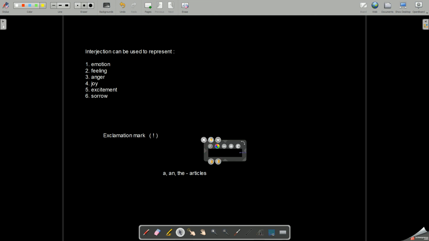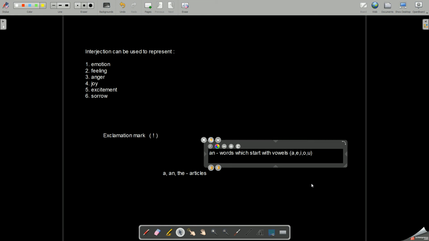So basically it's like you use an in front of words which start with vowels, like A, E, I, O, U. So words which start with a vowel, you use an in front of them, like an umbrella, an eye.